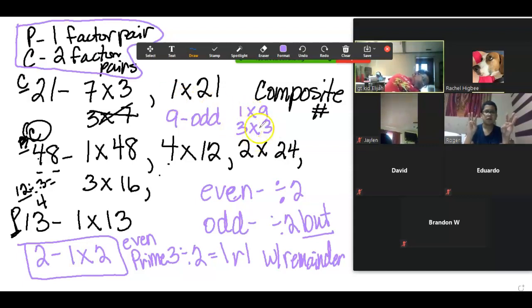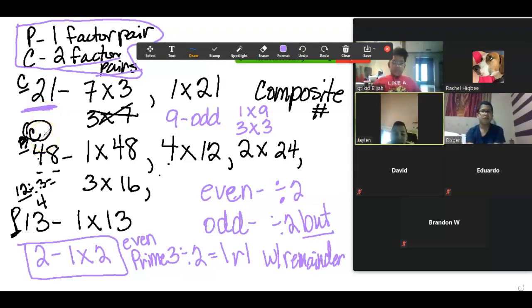So that's 2 factor pairs. Well, look at that. The definition says if it's got 2 or more factor pairs, it's composite, right? Absolutely. The number 20, oh, look, 21. We did that one already. We said that's composite. That's odd, right? Hey, there's a lot of odd numbers that are composite. Make sense?